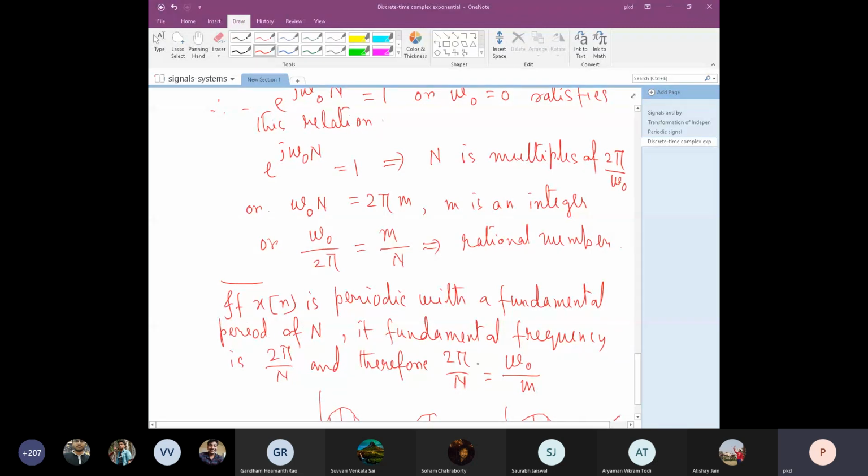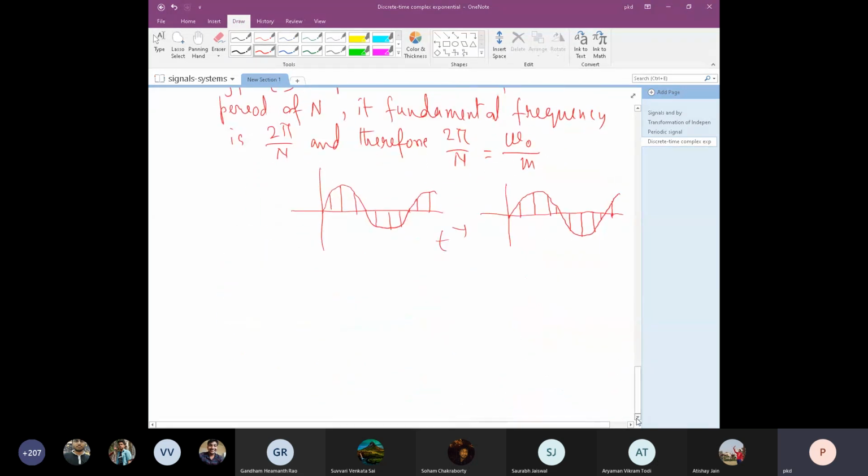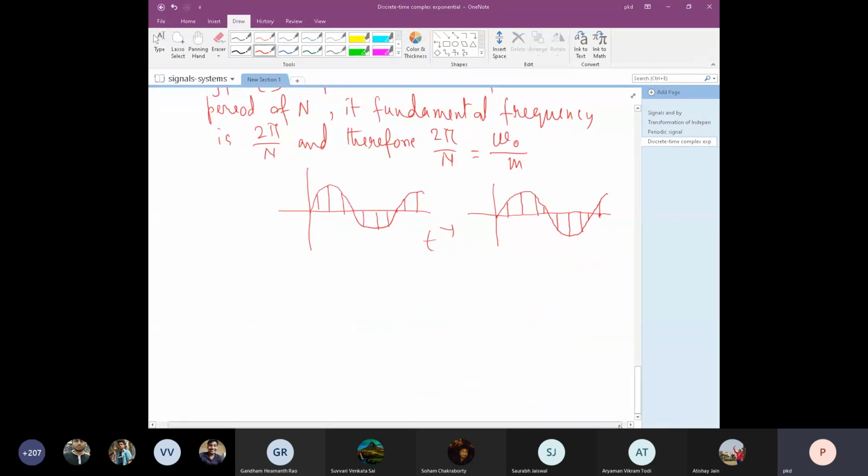So it is not sufficient that I have a sinusoid and I have sampled it at an interval, so that I will always get a periodic signal in the discrete domain.